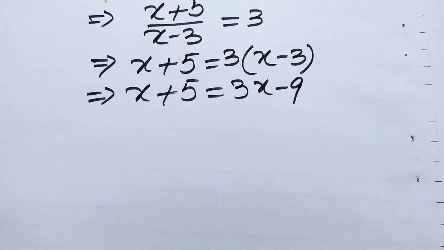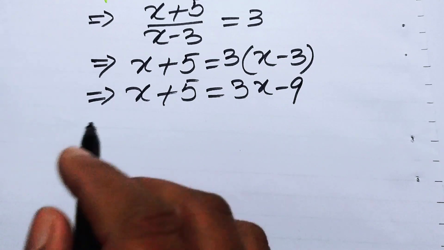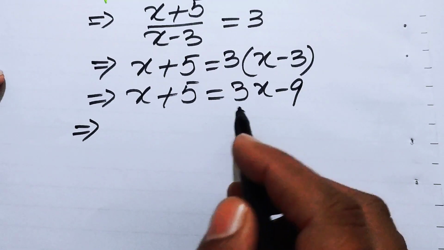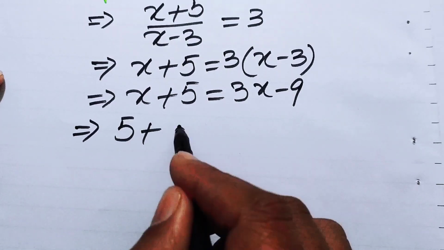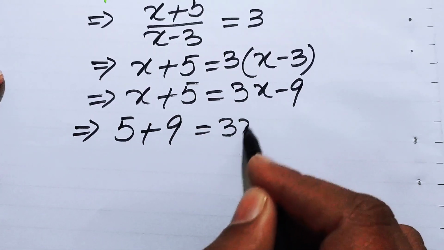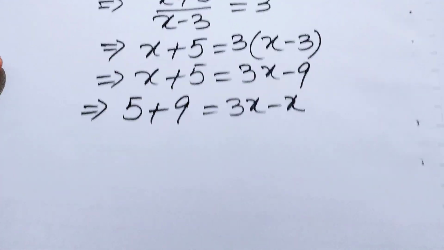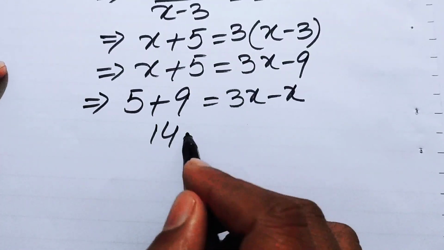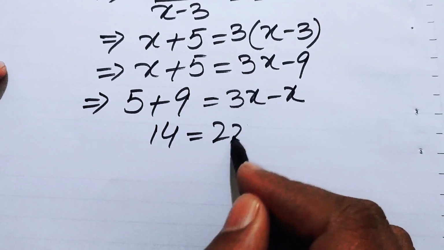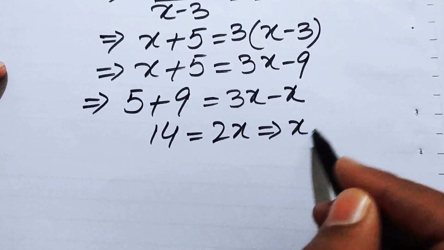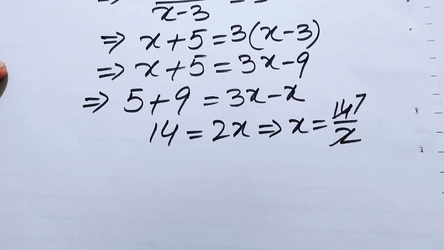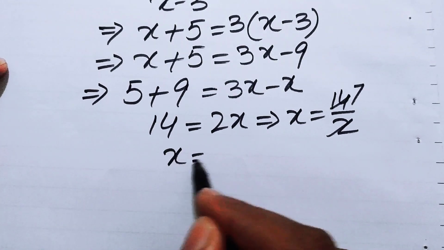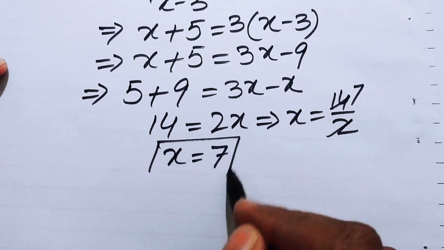Now we isolate the terms involving x on one side and the other terms on the other side: 5+9 equals 3x−x. 5+9 is 14, and 3x−x is 2x, so x equals 14 over 2, and finally we get x equals 7.